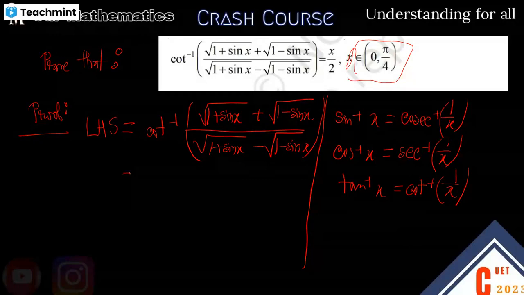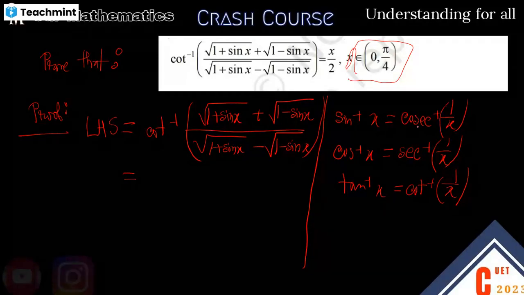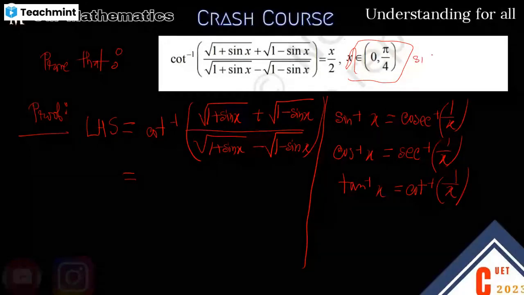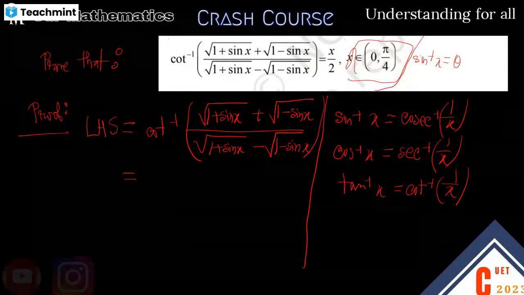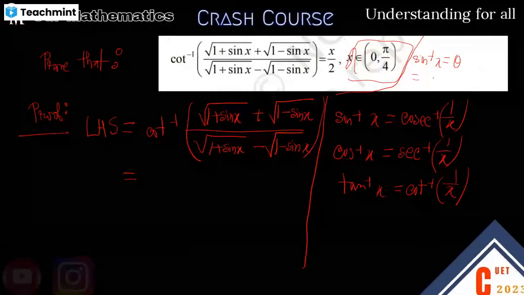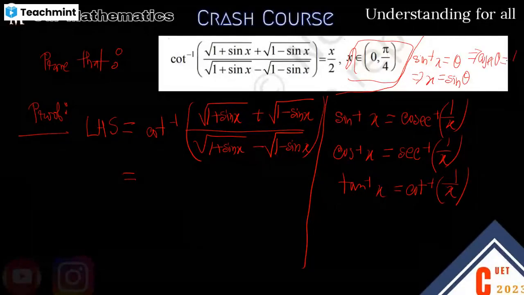Now let's do this. The proof of this is very easy. Let sin inverse x is equal to theta, then x is equal to sin theta. That means cosec theta is equal to 1 by x.